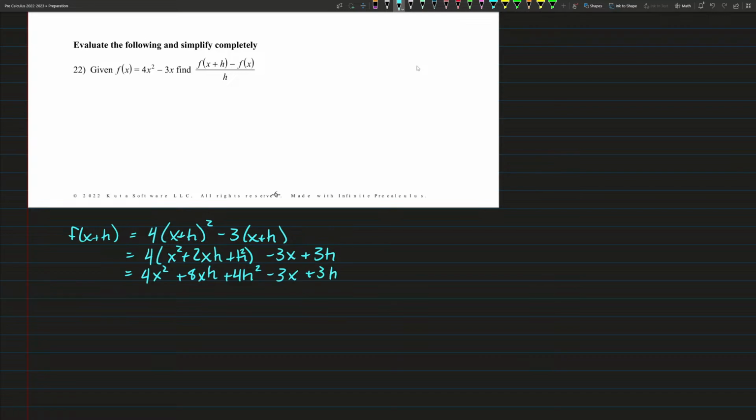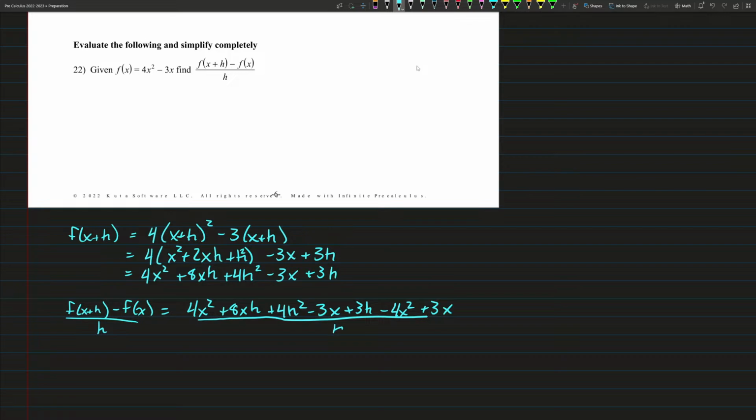We want to subtract f of x. So if we do that, we get 4x squared plus 8xh plus 4h squared minus 3x plus 3h minus 4x squared plus 3x. This is all over h.